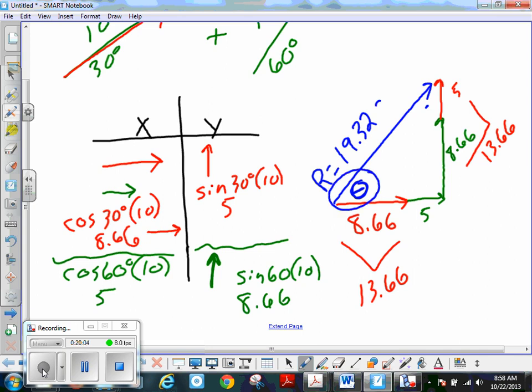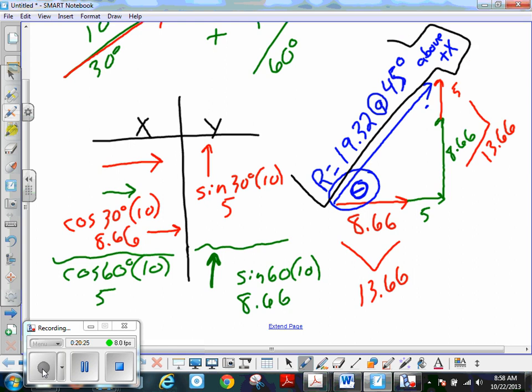So in this case, it would be at 45 degrees. And that's not even good enough. So you have to give it an orientation. So it would be above positive x. And so all of this together then is the answer for that vector addition of those two vectors.